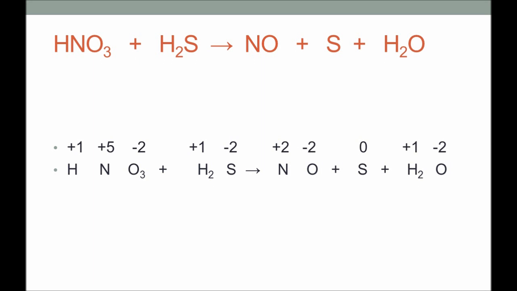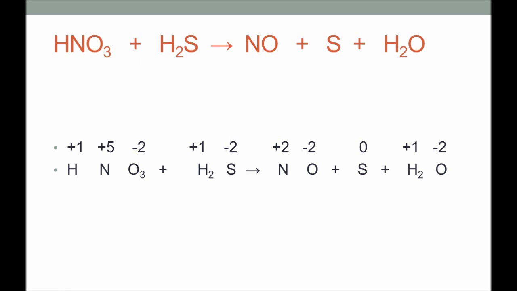The important aspect is here it's a regular compound where hydrogen is not a hydride, therefore the common oxidation number is assigned. Nitrogen, when you determine the oxidation number, gives you a value of +5. This compound not being a peroxide or a fluoride, the regular oxidation number of oxygen is -2. Same is the case with hydrogen in hydrogen sulfide, +1. Sulfur has an oxidation number of -2.